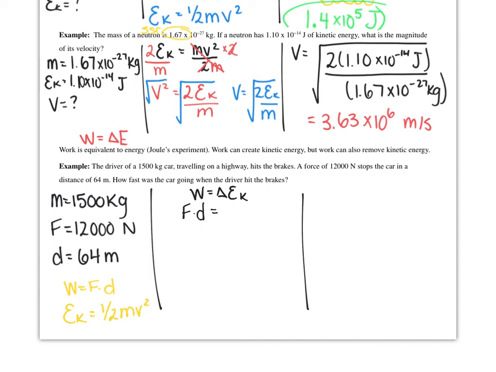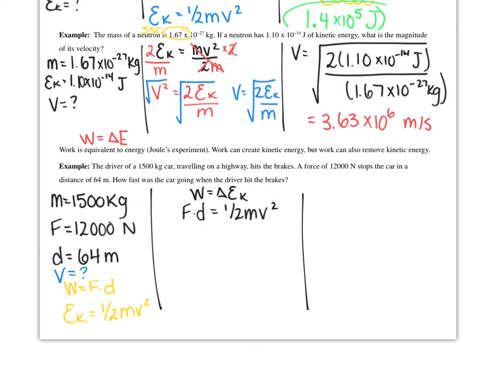So I'm going to sub that in for EK over here, 1/2 mv squared. So because work is equal to a change in energy, and in this case, we were losing kinetic energy due to the work of brakes, I can say that force times distance is equal to 1/2 mv squared. This will help me to solve for the speed of the car when the driver hit the brakes.